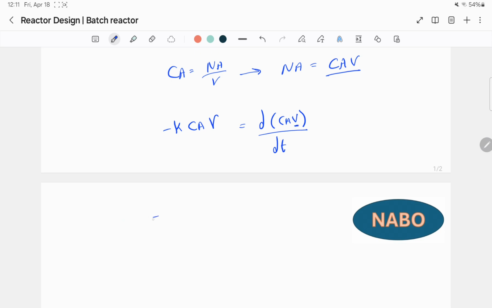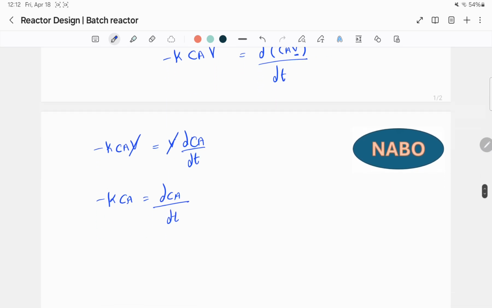That means we can take it outside of the differential. We'll be left with volume times the differential of CA over changing time. The left side will stay the same, negative K CA V. Now we can cancel both these volumes. We'll be left with negative K CA equals change in CA over change in time.